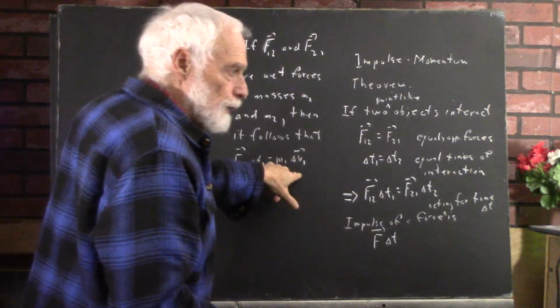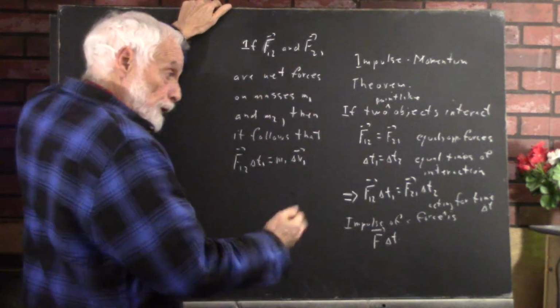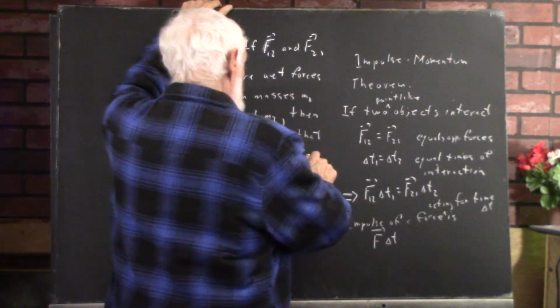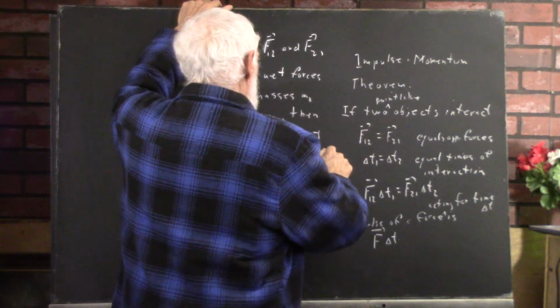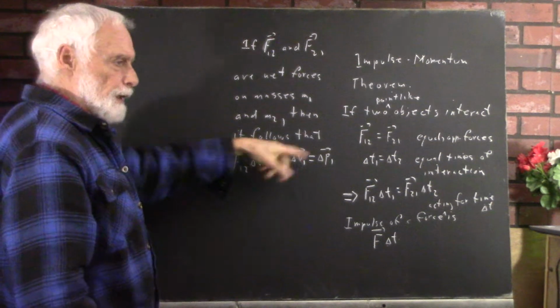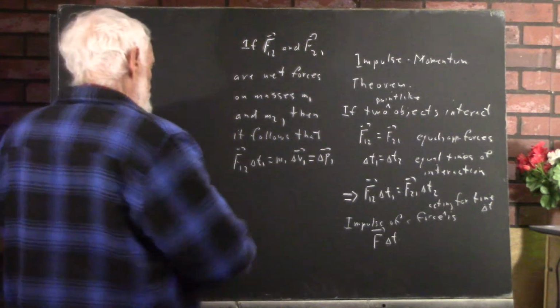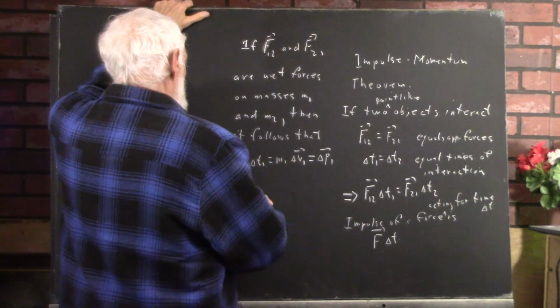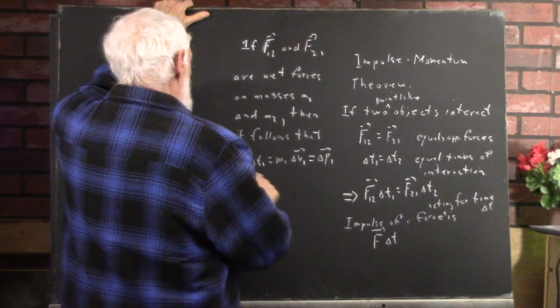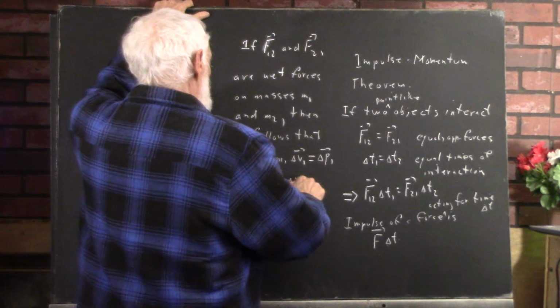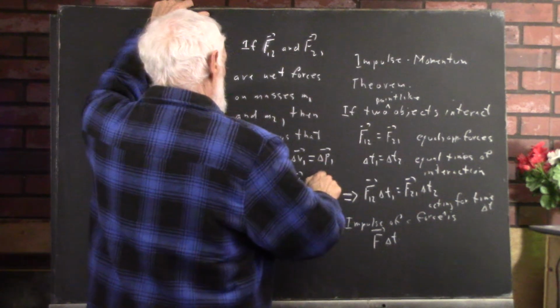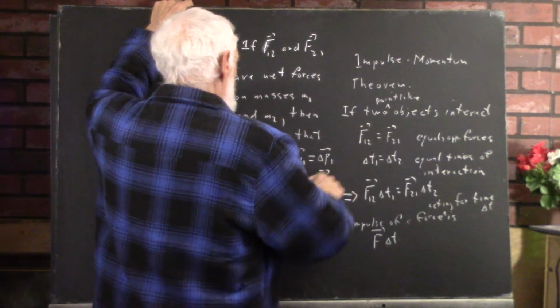In other words, the change in the momentum of the first object over that time interval. And we can designate that as delta P1. And then F21 delta T2 equals M2 delta V2 equals delta P2.